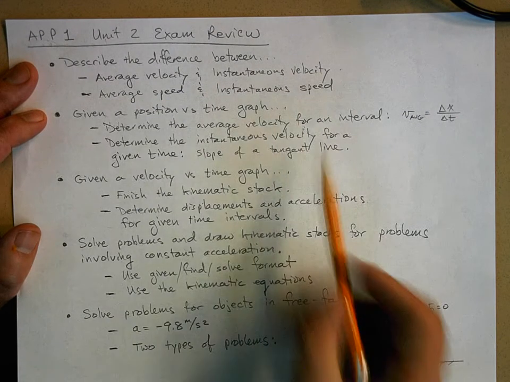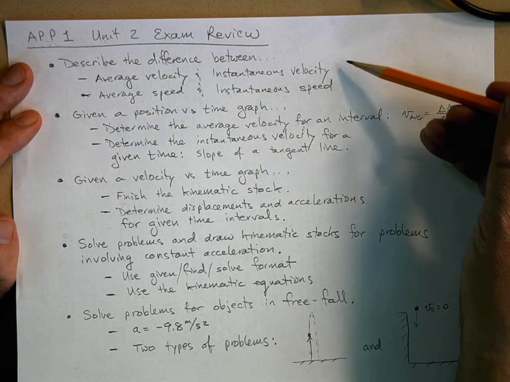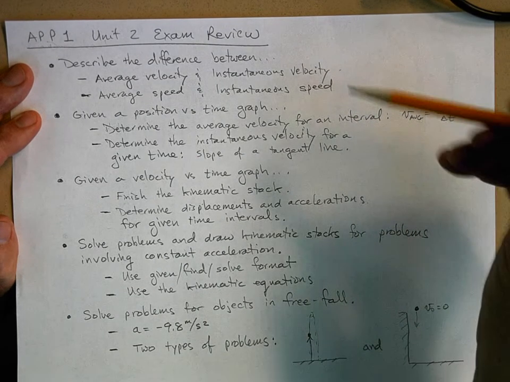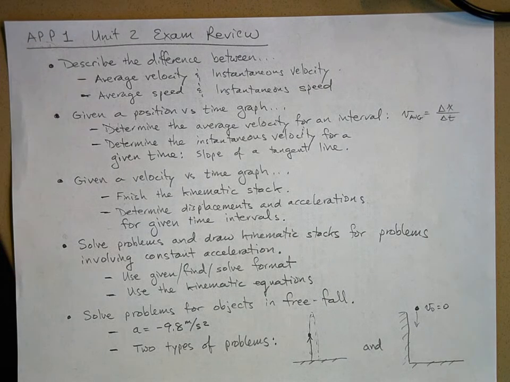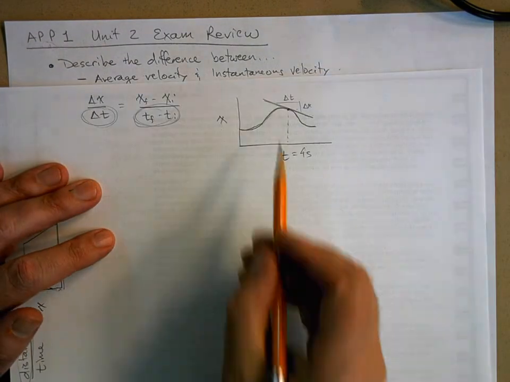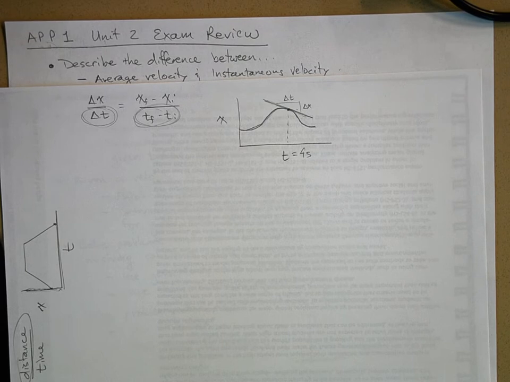Instantaneous speed. What do we mean by instantaneous speed? I mean, the slope. The instantaneous speed is the magnitude of the instantaneous velocity. So like in this example that I did here, maybe this has a slope of negative 1.5 meters per second, but the instantaneous speed is just 1.5 meters per second.